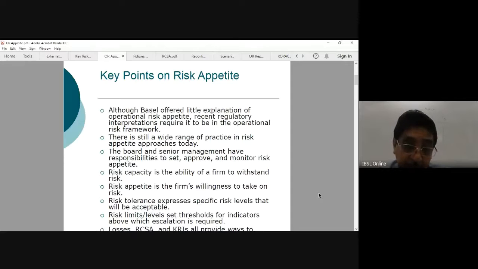Now, the main responsibility goes to the board and the senior management to set, approve, and monitor risk appetite. Now, what do you mean by that?